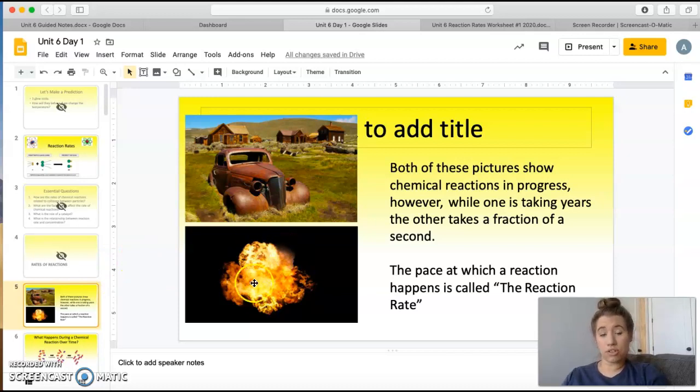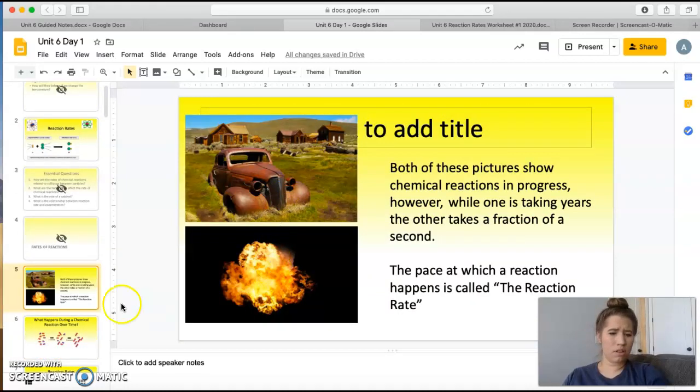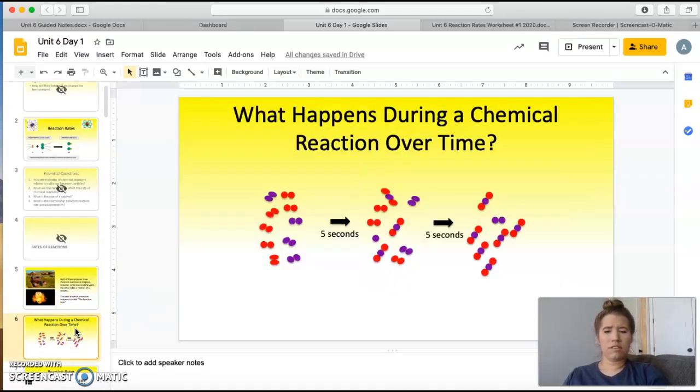Usually combustion reactions will go really quickly, but other reactions, like iron turning into rust, will happen very, very slowly over time. And so a reaction rate is how long it takes for all of the reactants to turn into products. Because you can see after a small amount of time, some of them have turned into products, but how long does it take for the majority or all of them to turn into product?